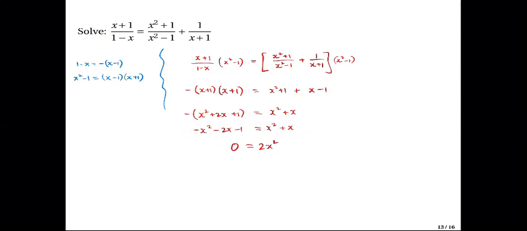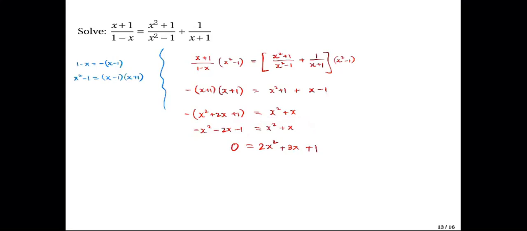This guy here, we bring it to the other side, it becomes plus 2x. So we will have plus 3x in here. And then this guy here, we bring it to the other side, it becomes plus 1. Okay?